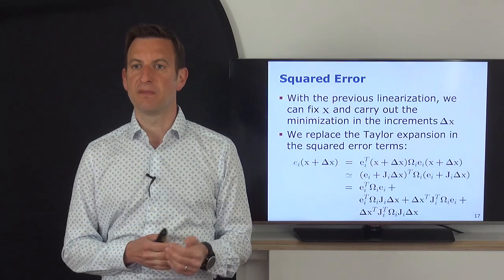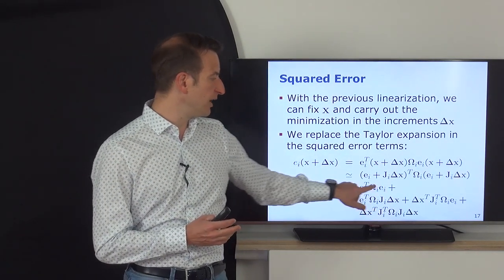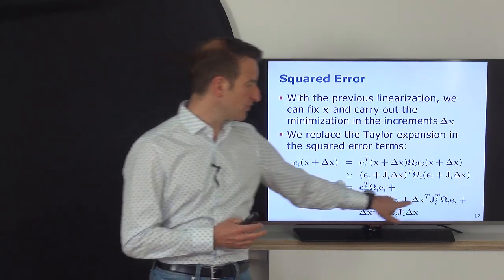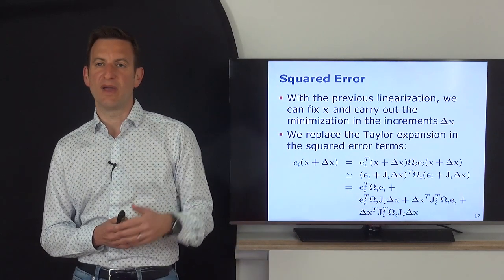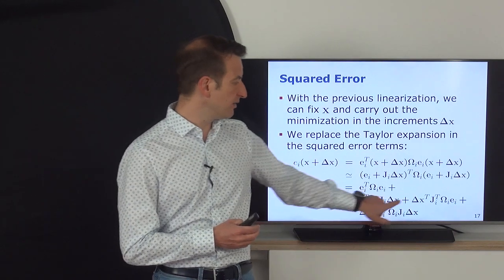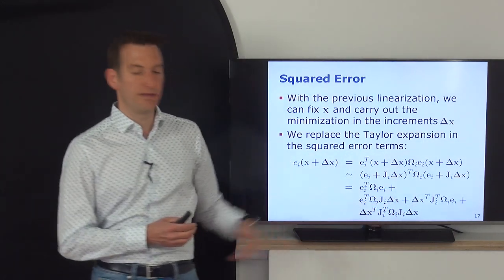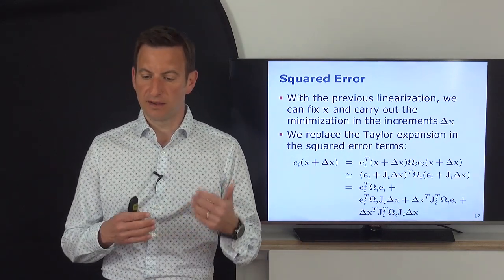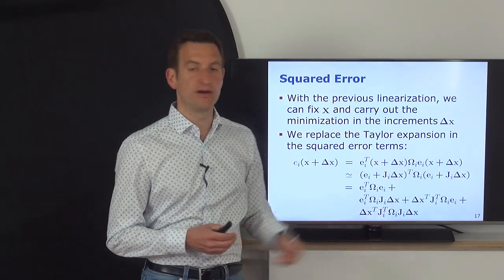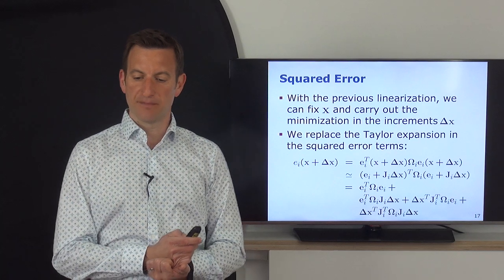And then we see we have some terms which are independent of x, which is this term over here. We have some terms, which are those terms over here, where we have a linear dependency in my unknown delta x here and here. And we have a fourth term over here, and this fourth term has quadratic elements. So I have delta x and delta x appear twice in form of a multiplication in this equation.